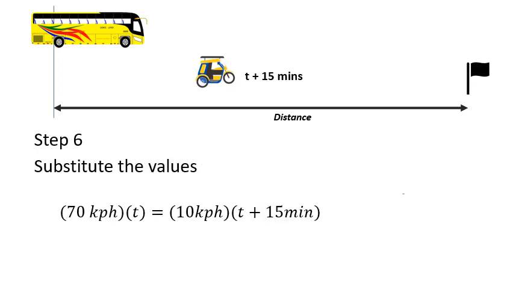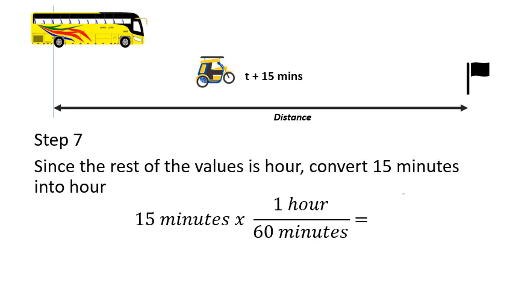To substitute the values, that will be 70 kilometers per hour multiplied by the time is equal to 10 kilometers per hour multiplied by the time of the tricycle, which is the time of the series bus plus 15 minutes earlier. Since our formula uses the value of hour, we will now convert minutes into hour.